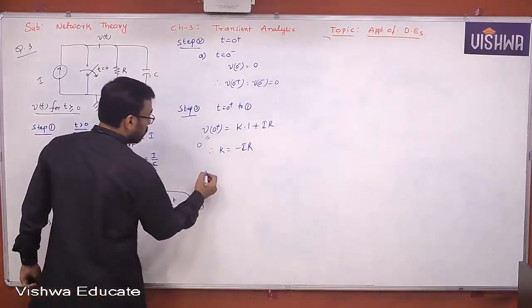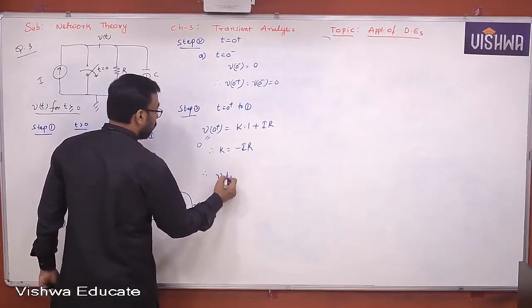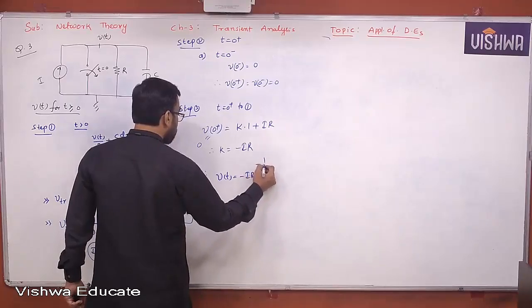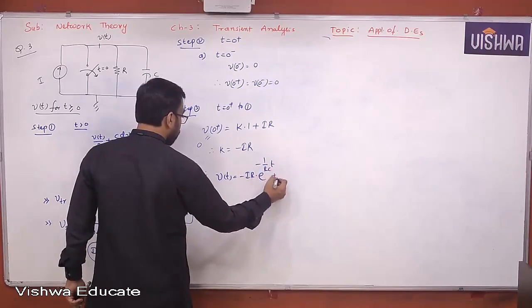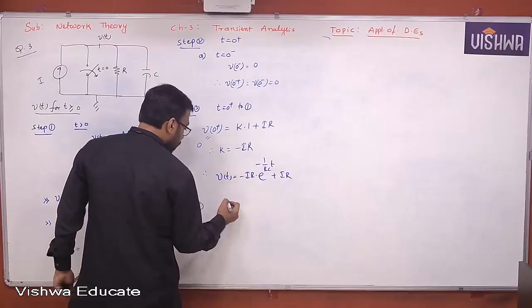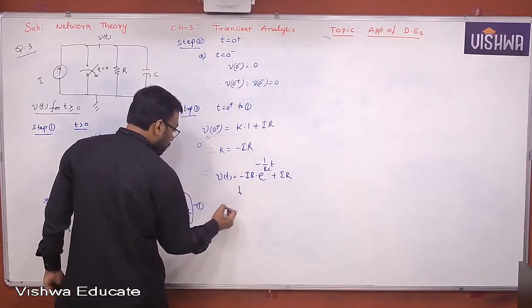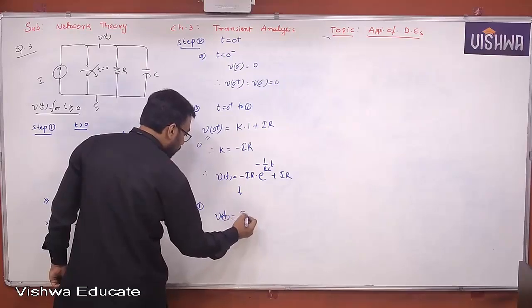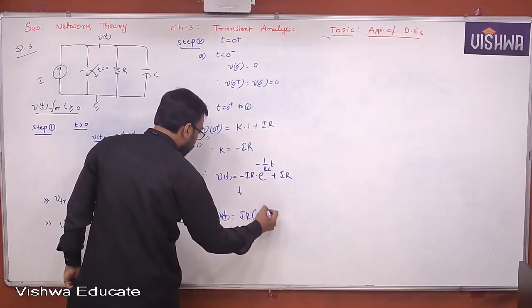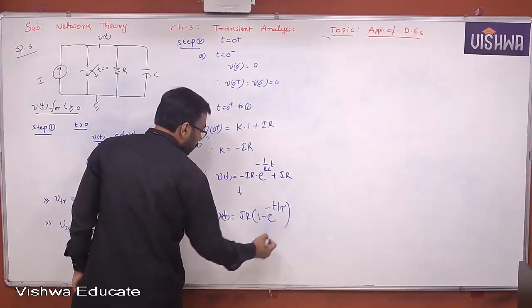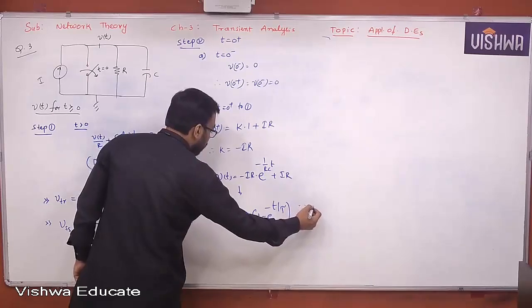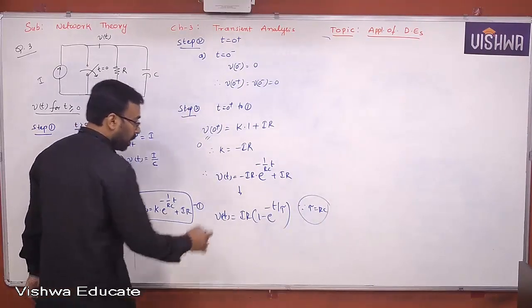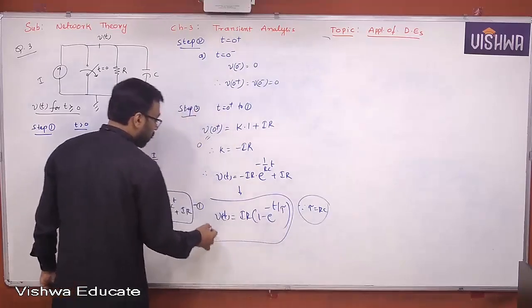Therefore, the total response is V of t is equal to minus IR e power minus 1 by RC t plus IR. From this, V of t can be written as IR into (1 minus e power minus t by tau), where tau is equal to RC. It's the time constant once again. So this is the complete response you have got.